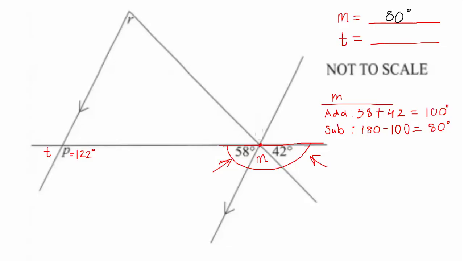So let's see. We know the angles on a straight line at a common point add up to 180 degrees.